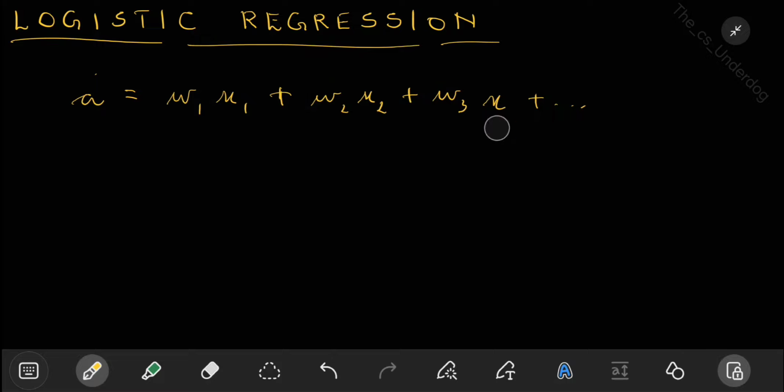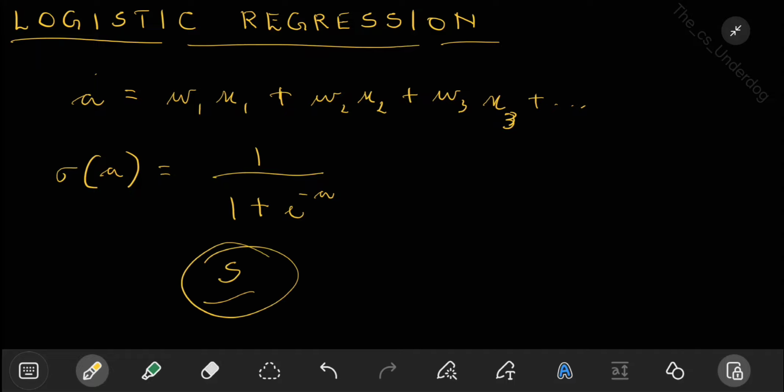That is where the logistic function comes in, okay? And what is the logistic function? Considering this is your value A, logistic function sigma of A is equal to 1 by 1 plus e power minus a. So logistic function is also called the sigmoid function. You call it the sigmoid function because it is an S-shaped function.